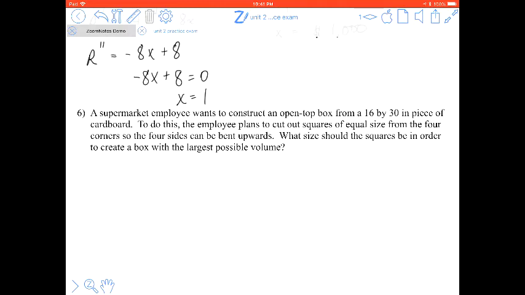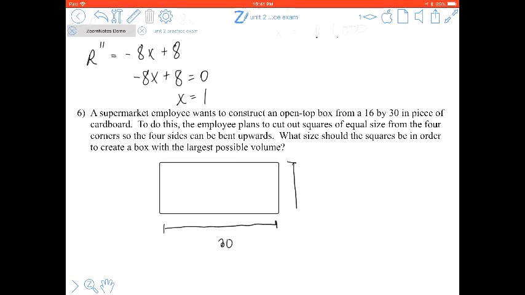We've got a box we're trying to construct. So we have a 16 by 30 piece of cardboard. So I'm going to draw a rectangle. And we've got 30 inches by 16 inches.